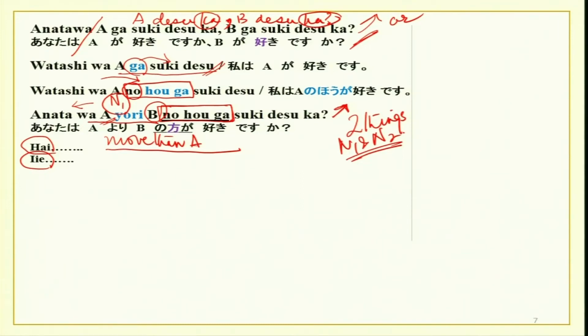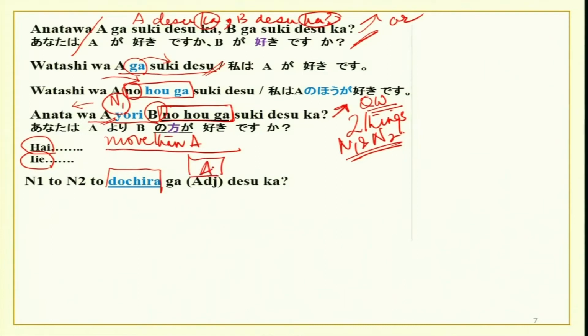Now, today we want to do more things over here, but first, what is the question that we are going to ask? This does not have a question word, you can see very clearly, A yori B no hou ga suki desu ka, but where is the question word? So, let us see the question word. Noun 1 to, noun 2 to, dochira ga adjective.